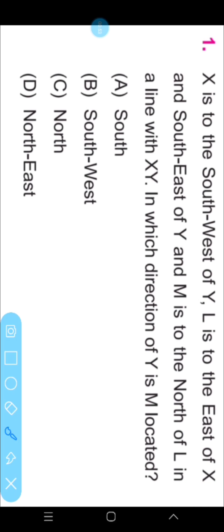So this is X, okay, and firstly we will make this north, south, east, west.